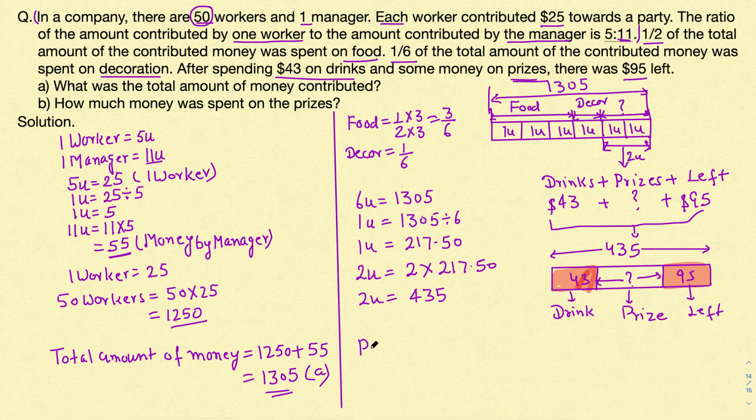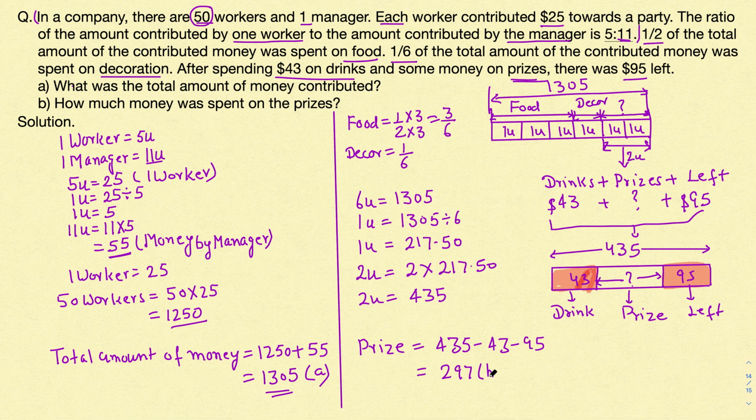So the amount of money spent on the prizes is $435 minus 43 minus 95, right? So that will give you $297.